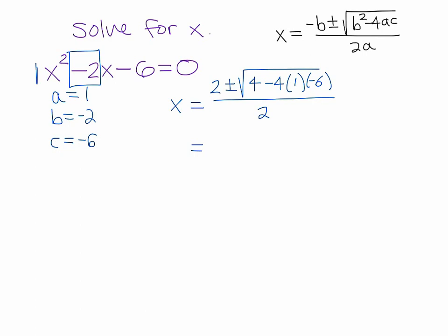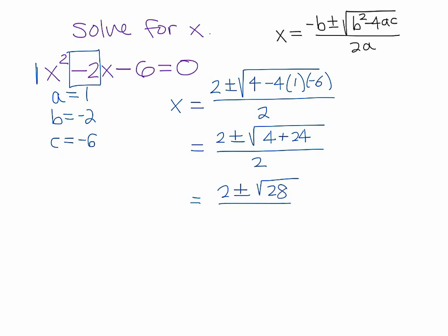So the rest is the simplifying. 2 plus or minus the square root of 4 plus 24 all over 2, making it 2 plus or minus the square root of 28 all over 2. The square root of 28 can be rewritten as the square root of 4 times the square root of 7.